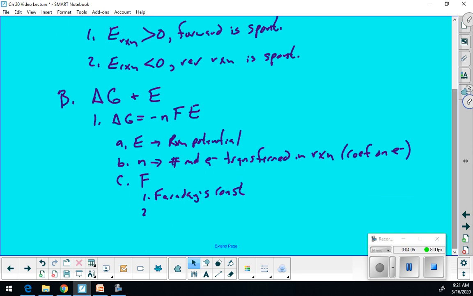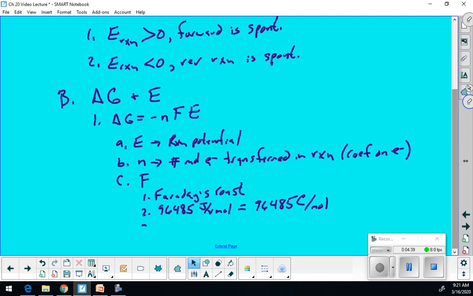It is 96485, and that is joules per volt mole, or it is also equal to 96485 coulombs per mole of electrons. That's really how many coulombs a mole of electrons carries.